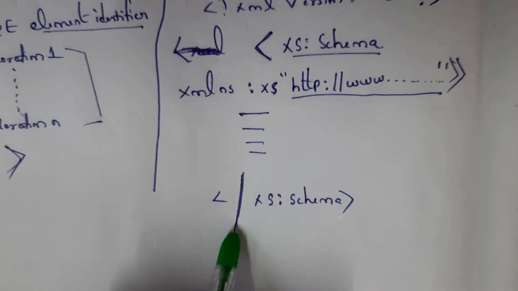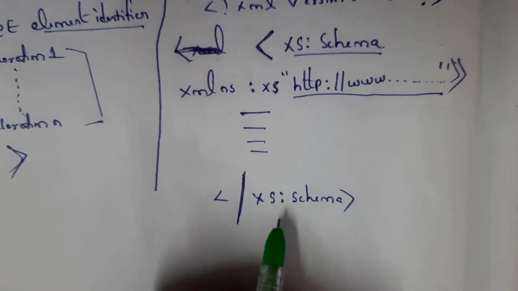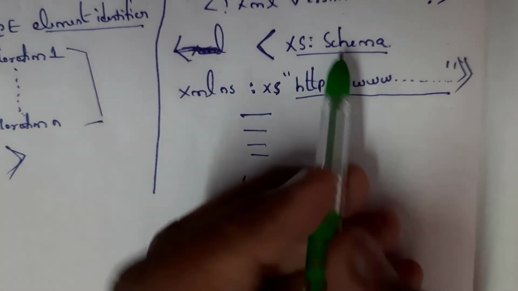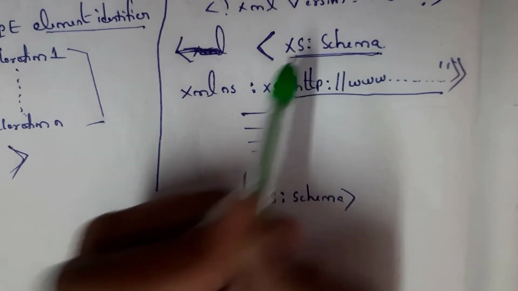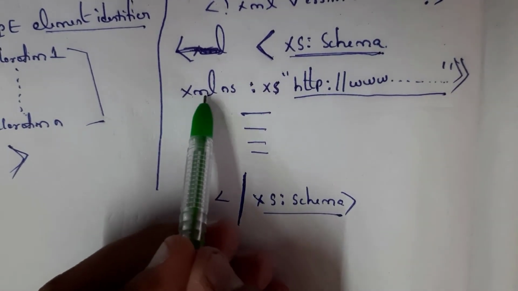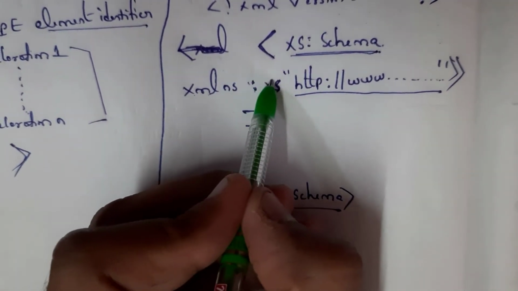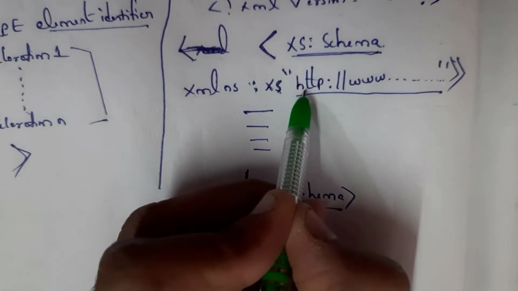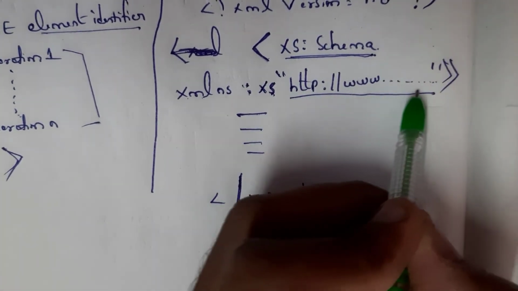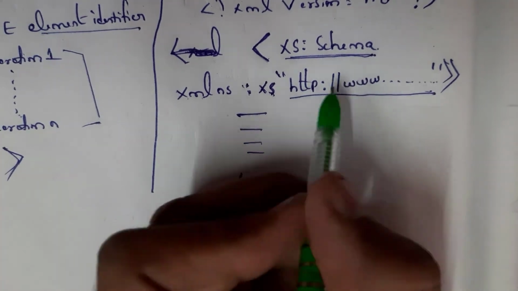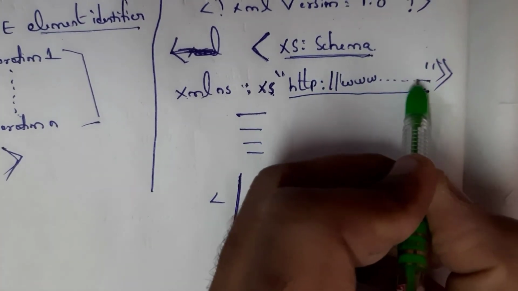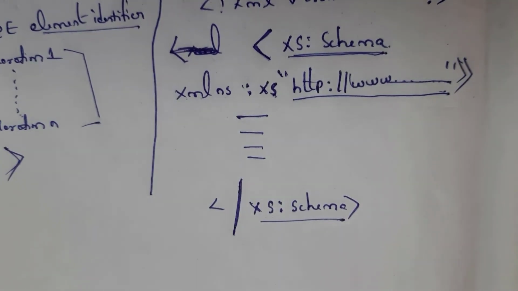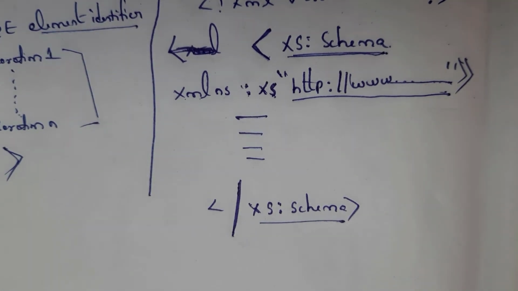Similarly, we need to close this xs:schema. See, we opened the XML schema here, we closed it here. xmlns:xs, XML schema, http. You have to write your link here. This is the syntax of XML schema.